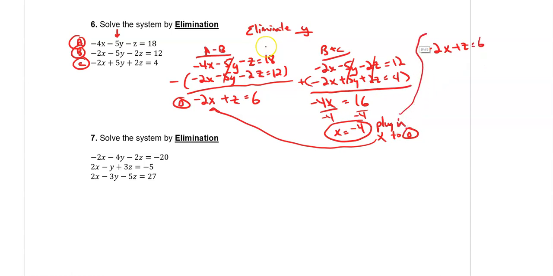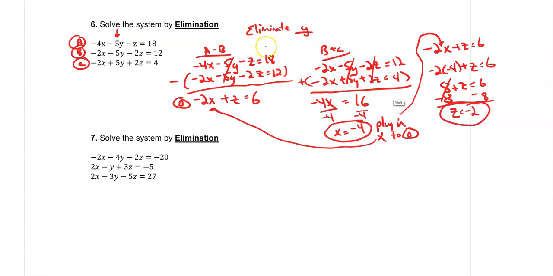So I'm going to plug in negative 4: negative 2 times negative 4 plus z equals 6. So negative 2 times negative 4 is 8 plus z equals 6. Then I'm going to minus 8 to both sides to get rid of the 8. So I get z equals negative 2.